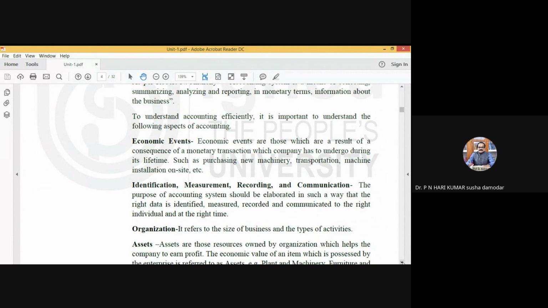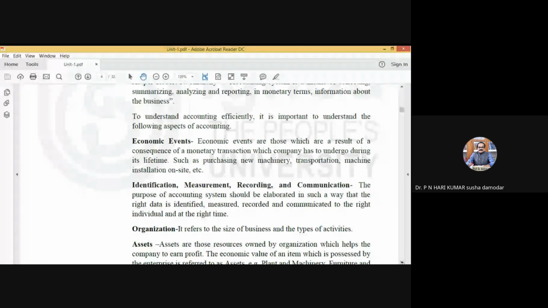The total estimated expenditure for the completion of a building or a bridge is a consequence of a group of money transactions. So an economic event simply means a money transaction. Such economic events have to be identified, measured, recorded, and communicated.